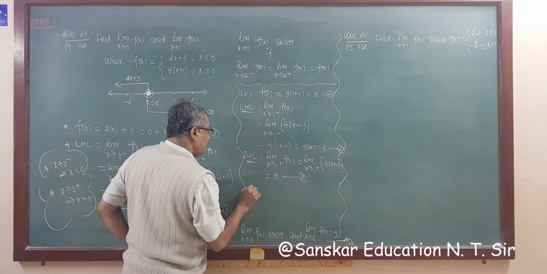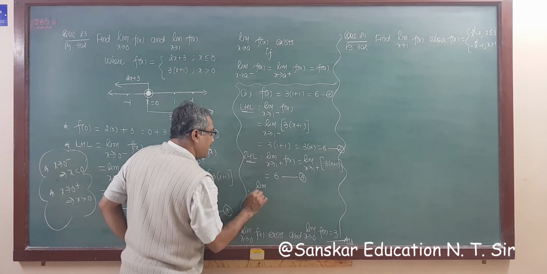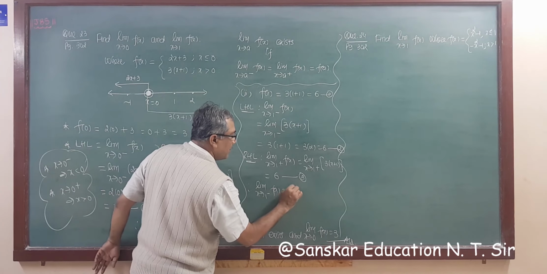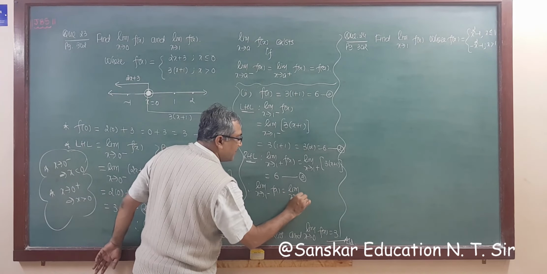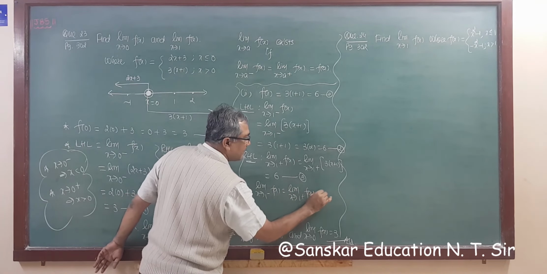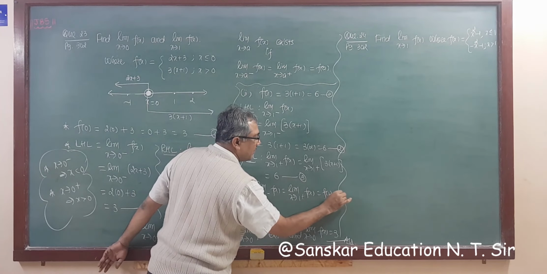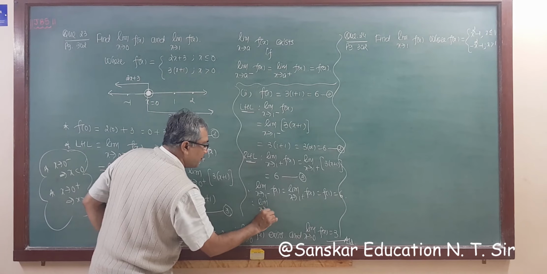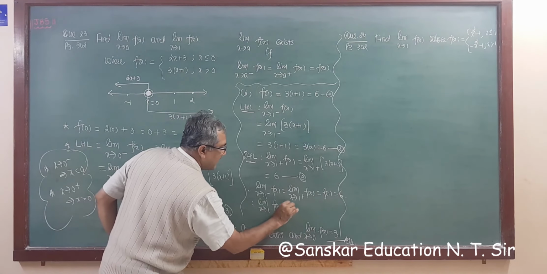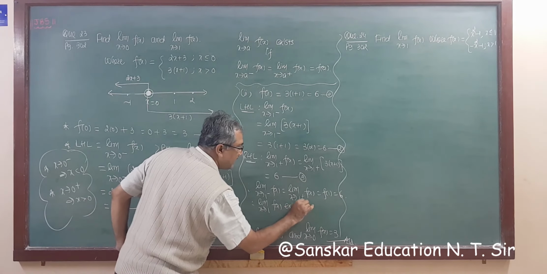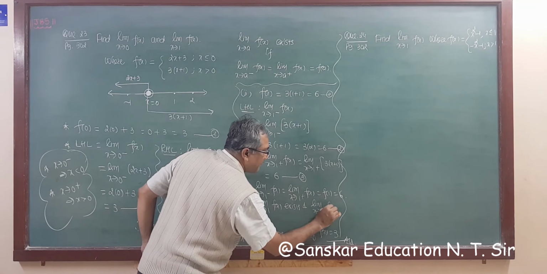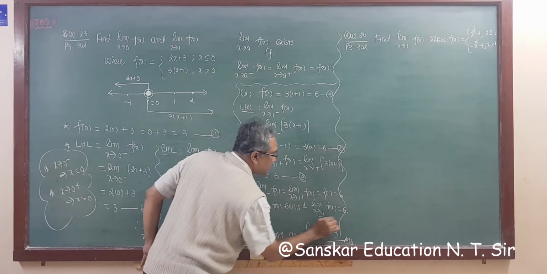So therefore left hand side limit, that is limit x tends to 1 from left f(x), is equal to limit x tends to 1 from right f(x), is equal to f of 1, is equal to 6. Therefore limit x tends to 1 f(x) exists and limit x tends to 1 f(x) is equal to 6.